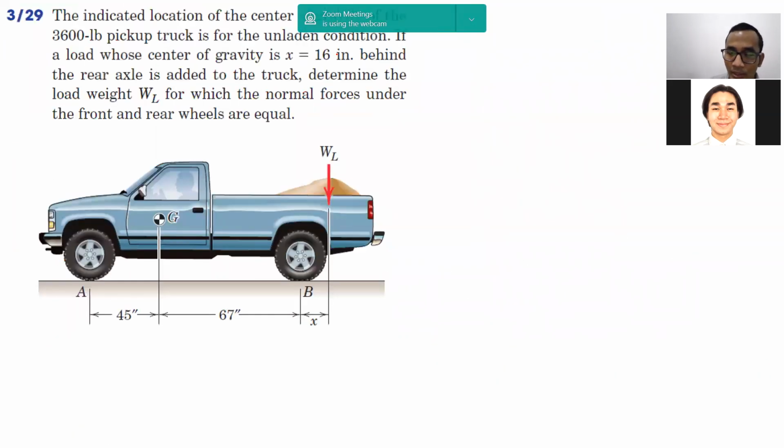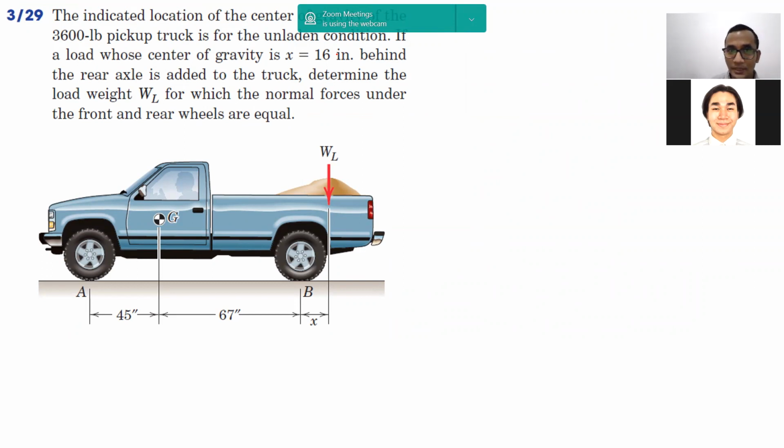So basically, drawing the free body diagram is not just merely drawing something, but you have to know the purpose of drawing it. You have to know what problem you want to solve.